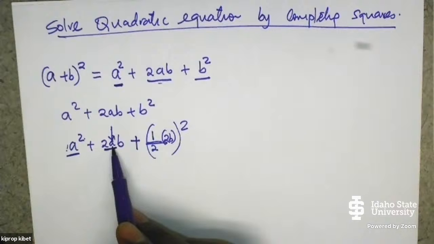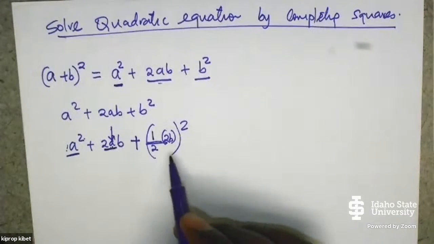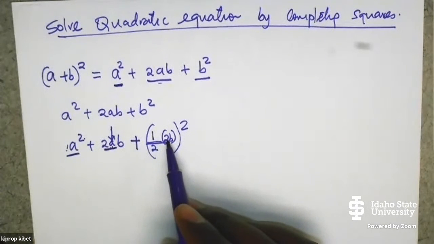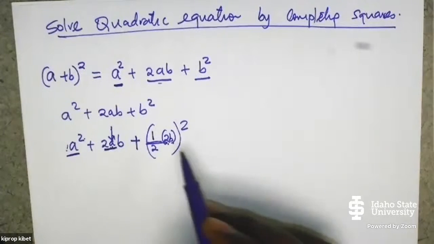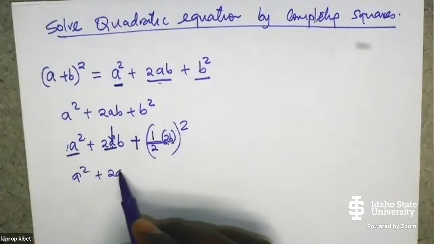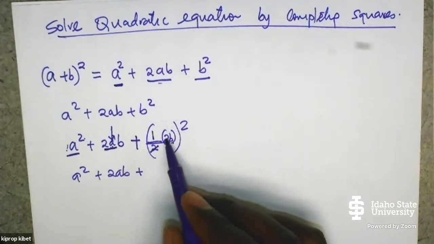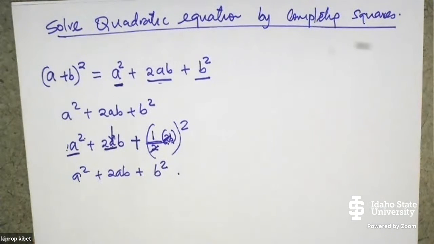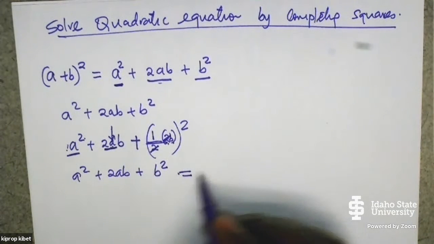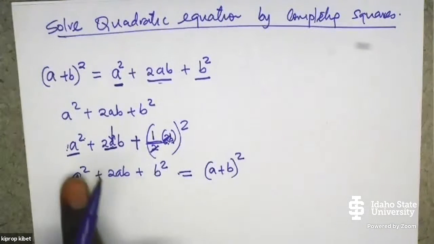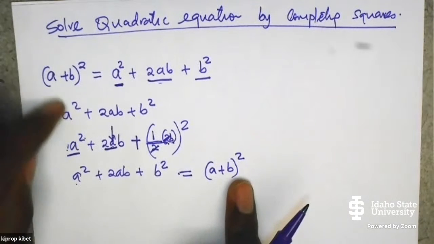So when you take half of that coefficient 2b, you get b, and squaring gives b squared. So we have a squared plus 2ab plus b squared, and therefore this is now similar to (a + b) squared.